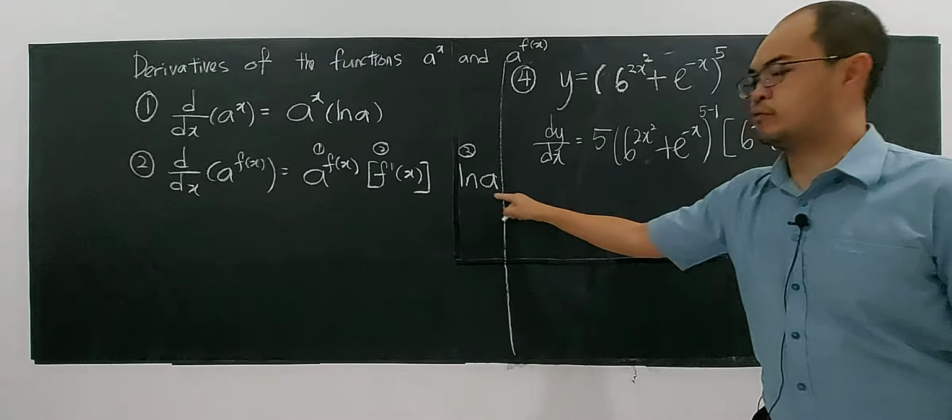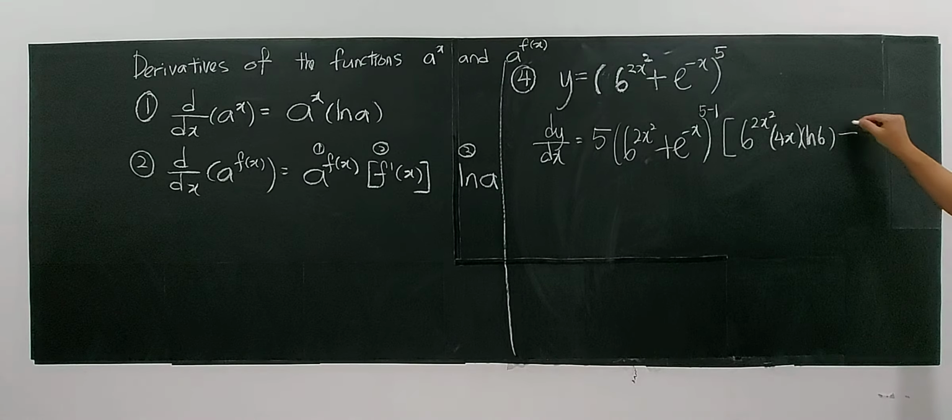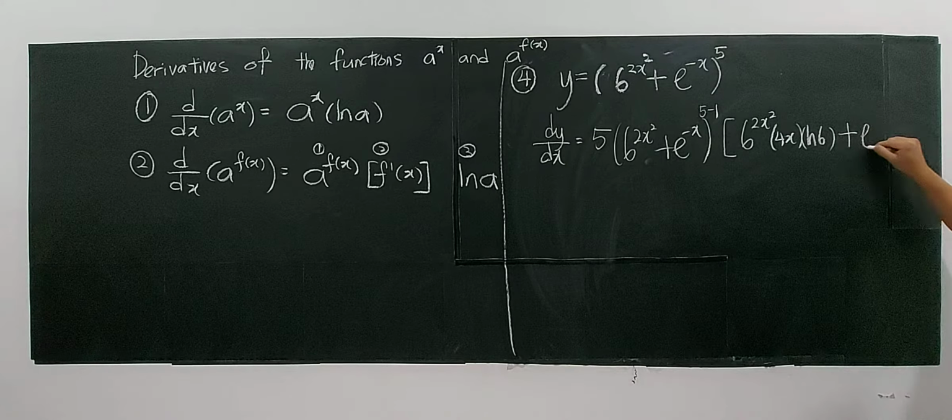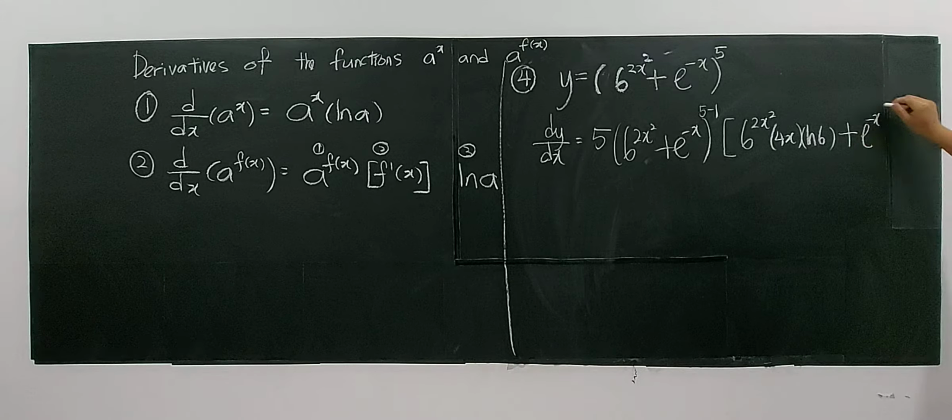According to this, you put ln 6 and plus differentiating e to the power of negative x. Do you still remember how to differentiate e to the power of negative x? You copy back, then you differentiate the power.